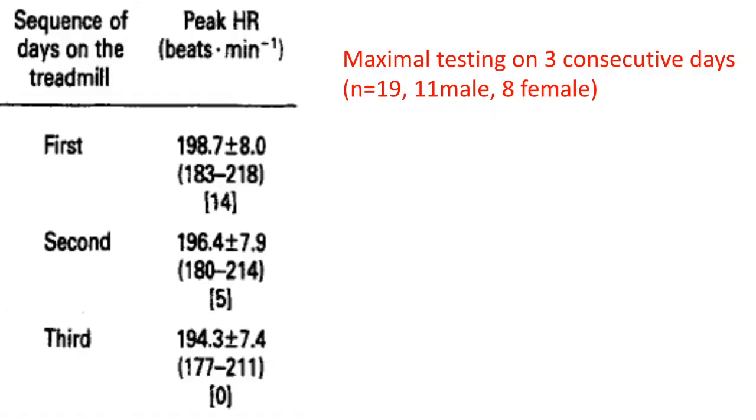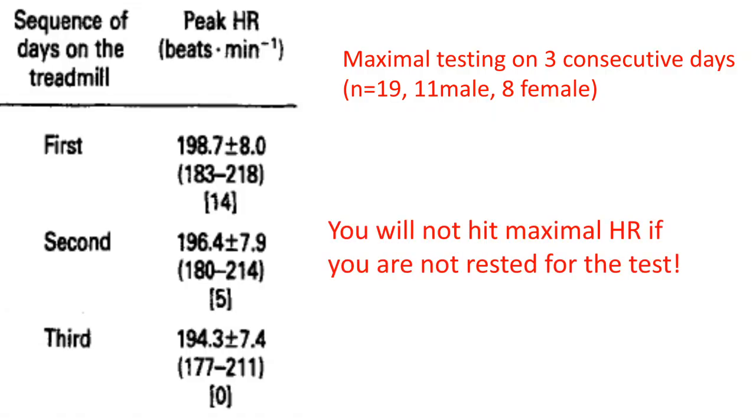You see that 14 out of the 19 had their highest heart rate on the first day, 5 on the second, and none on the third. So there was a general decline in max heart rate. So clearly, a basic rule is you're not going to hit maximum heart rates if you're not rested for the test.